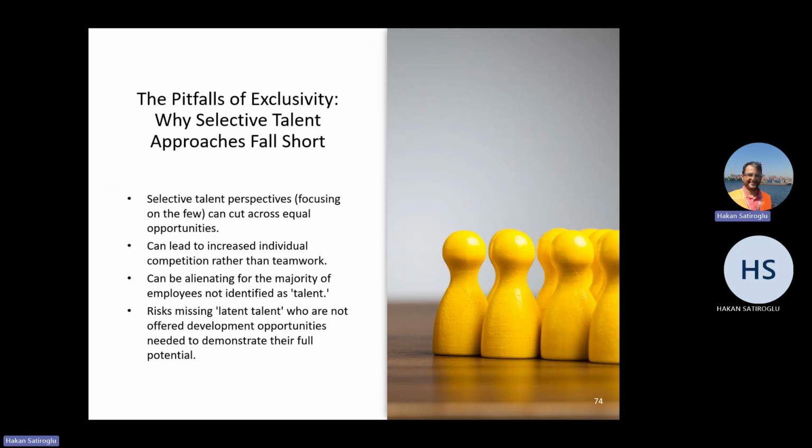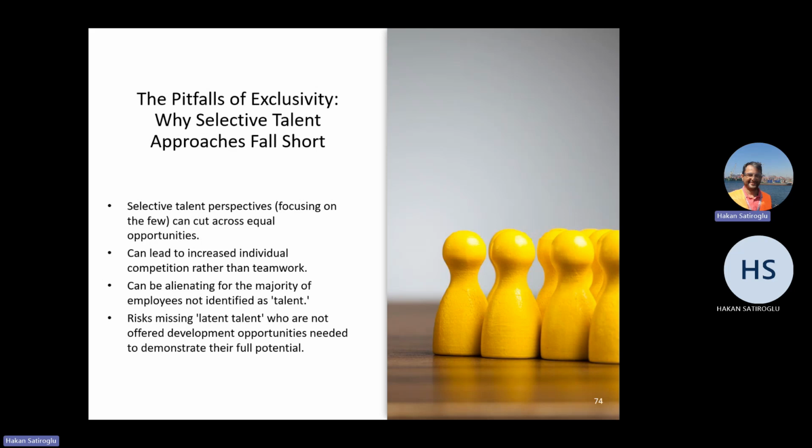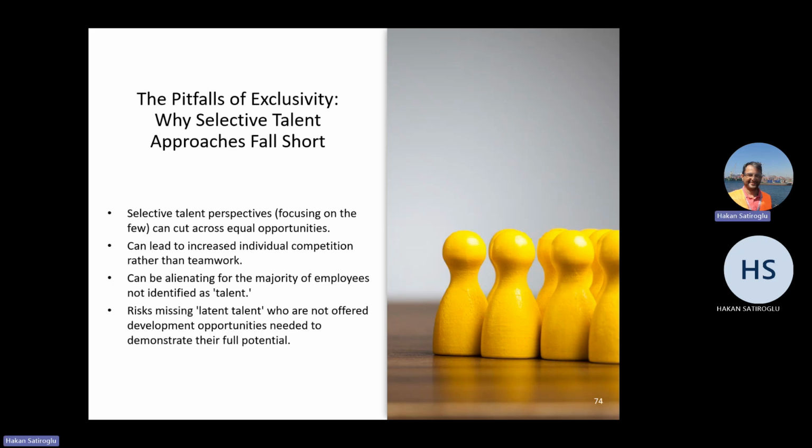The next slide is about the pitfalls of exclusivity: why the selective talent approach falls short. This is a little bit of an extension of the first critic. While focusing resources on high potential seems logical, it can inadvertently create division and stifle broader innovation.